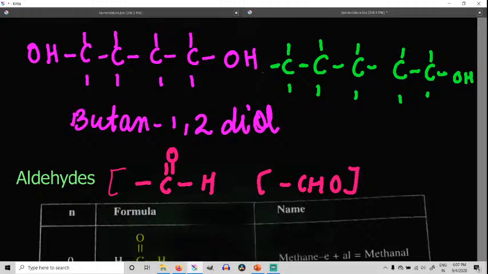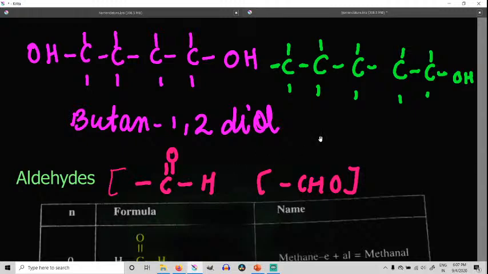Since there are two alcohol groups, it is actually a diol, but the name cannot be 1, 2 diol. The name will be butane dash 1 dash 4 diol. Understood? So butane 1, 4 diol will be the name, which means the earlier name is wrong.